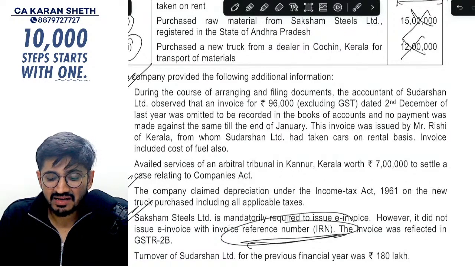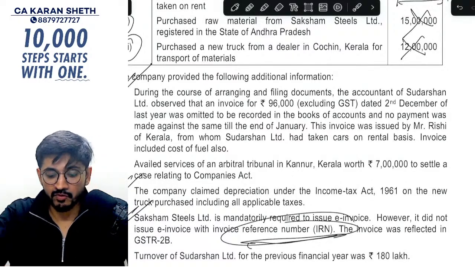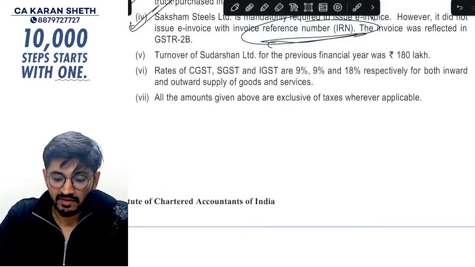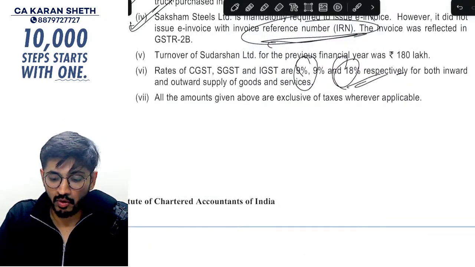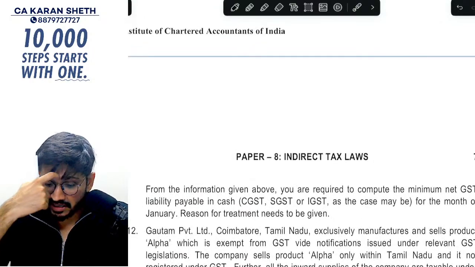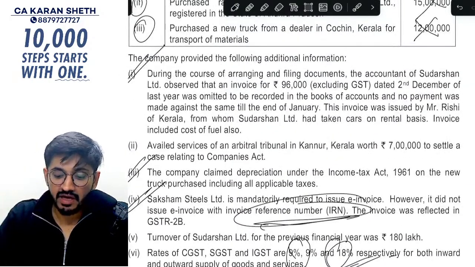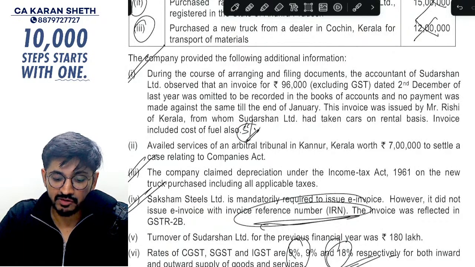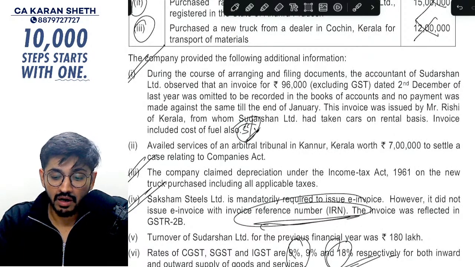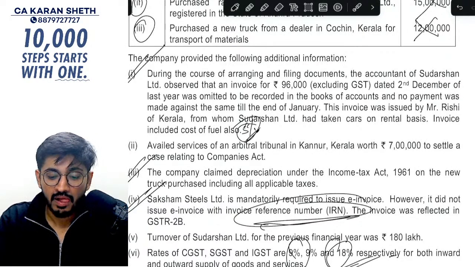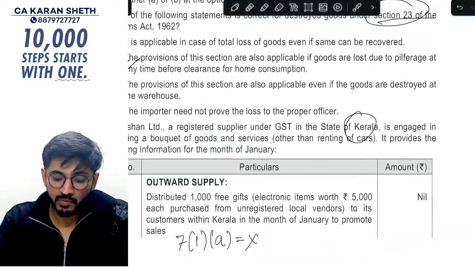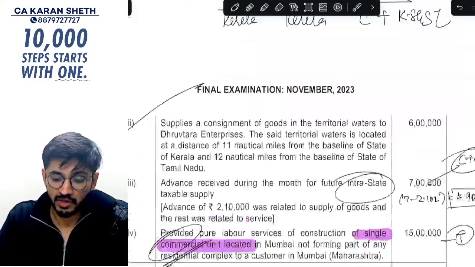Now understand that here they have not mentioned the rate. If you also see the question ahead, they've only mentioned 18% and all of that, right? They've never mentioned 5%. Now we are assuming that it is 5%, and we are assuming that it will come under RCM. Also understand that we are in the month of January, my dear friends.